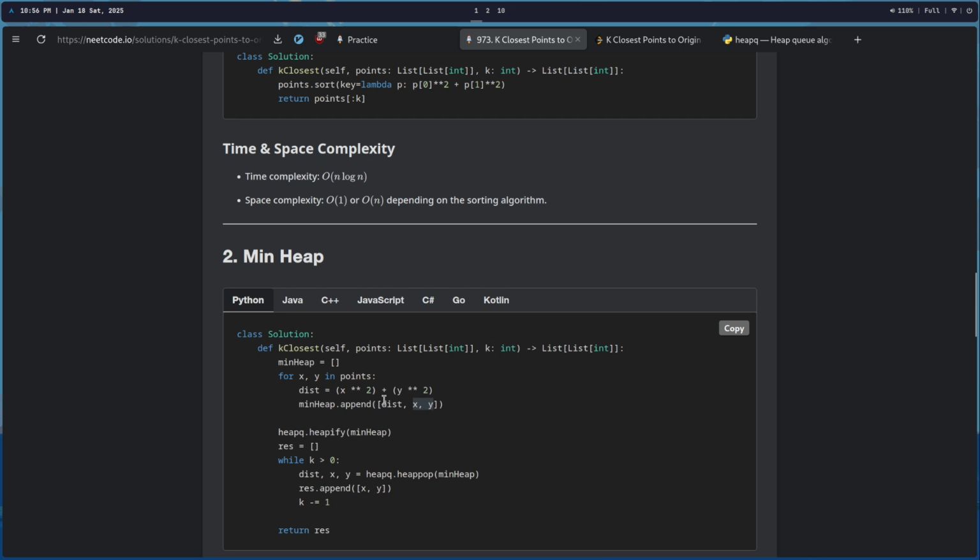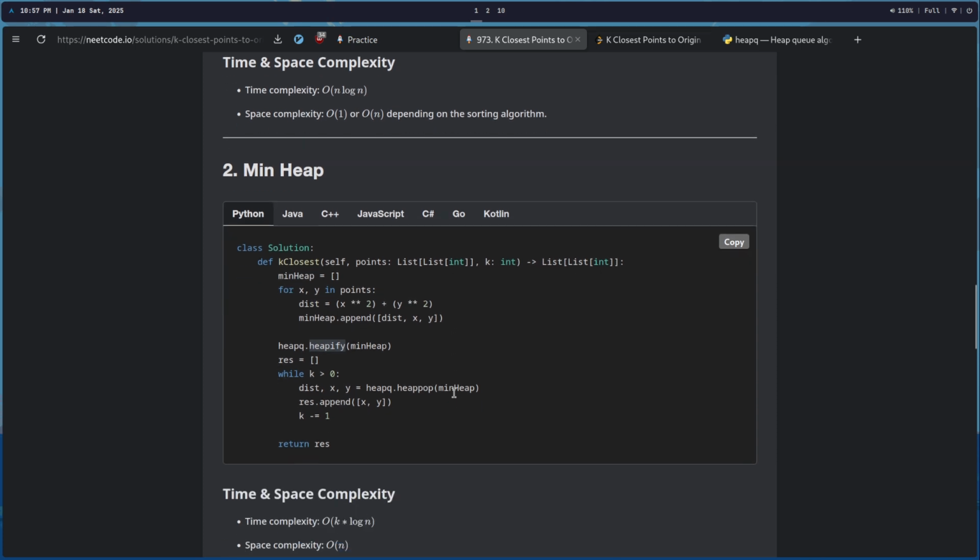I'm curious, so Python knows how to deal with lists as the data type. What do they do with it? Does it take the minimum or something? And then while the distance x, y, the min heap, add it to... That makes more sense.